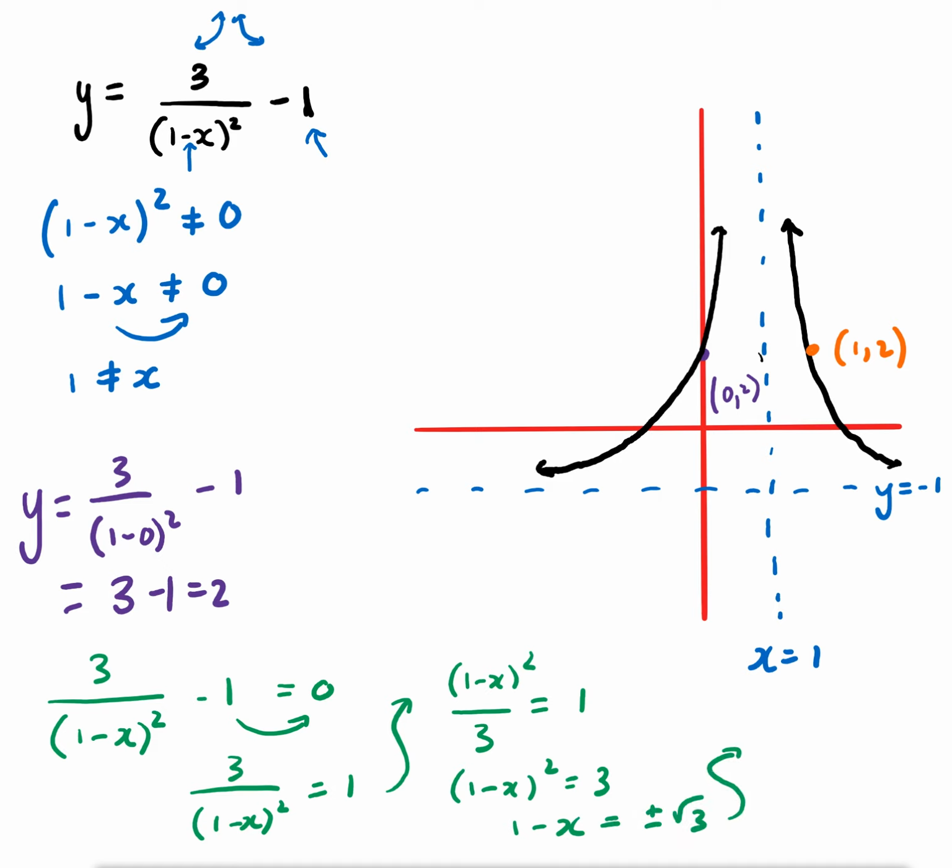And if I bring that 1 over, and multiply by the negative, x is positive 1 plus or minus root 3. So this here will be 1 minus root 3 and 0. This will be 1 plus root 3 and 0. Just make sure you also label things like the equation and the axes.